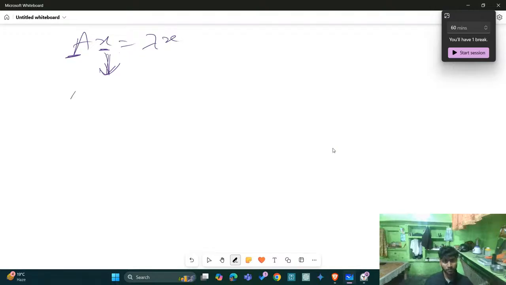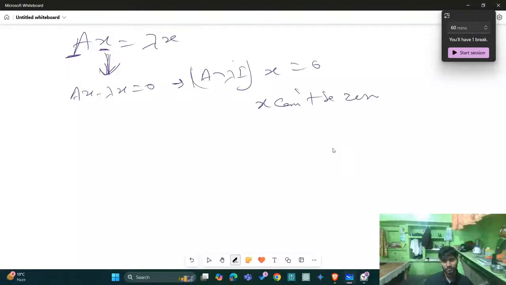So what we can do, Ax minus lambda x is equal to 0, which goes like A minus lambda I times x is equal to 0, right. What we are saying, x can't be 0. Then the determinant of A minus lambda I should be 0.